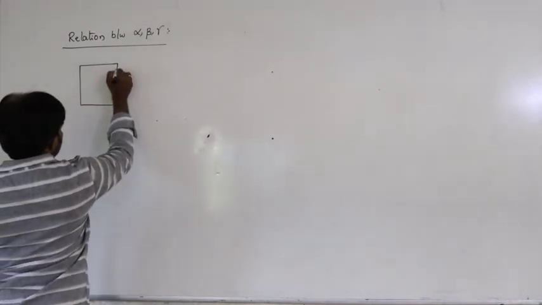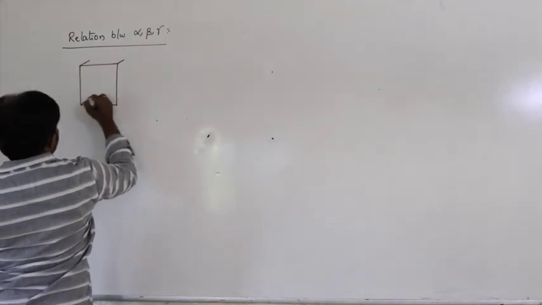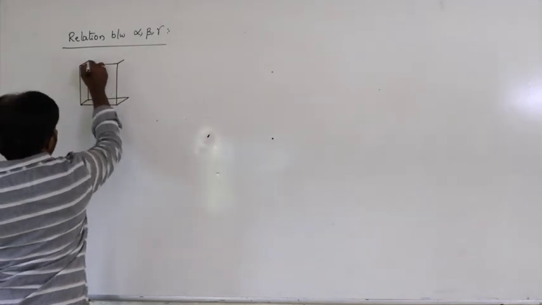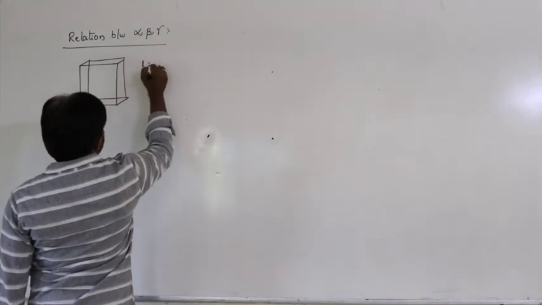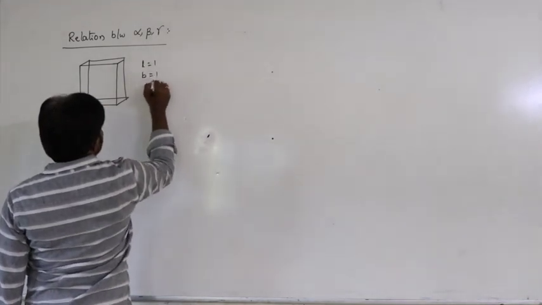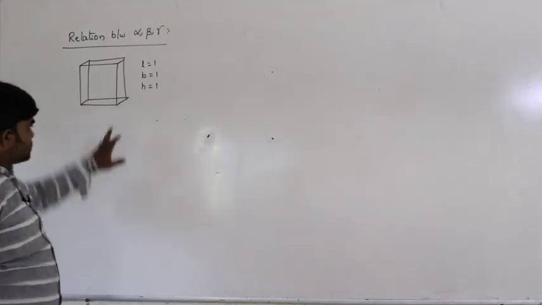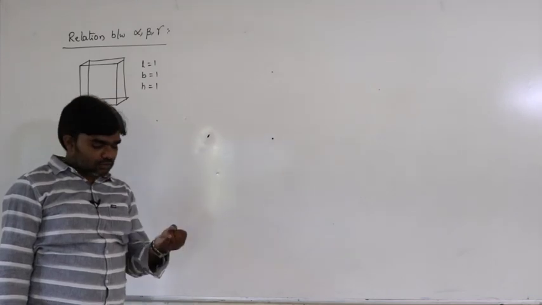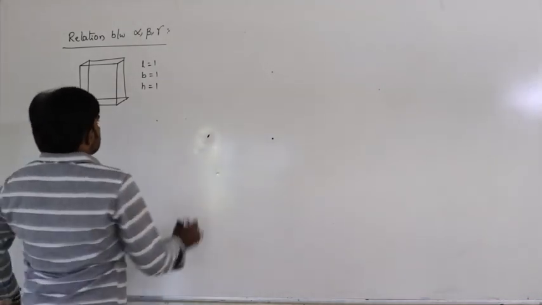initially I am considering a cube whose length is equal to 1, breadth is equal to 1, height is also 1. Let us say each side of the cube is 1 meter.